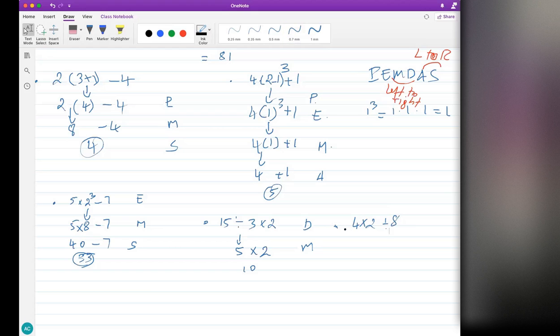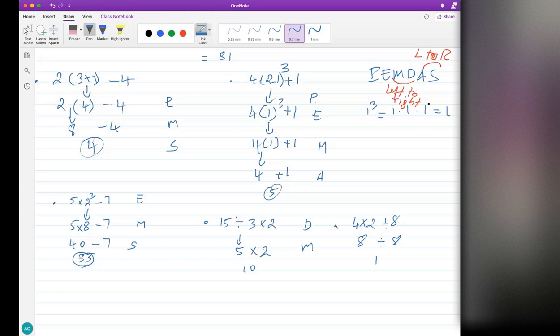Okay, which one is done first here? So I think division. Oh, 4 times 2, multiplication. It's always left to right. That's right. Whatever the first one is, it is done first. So 4 times 2 is 8, divided by this 8, which is of course 1.